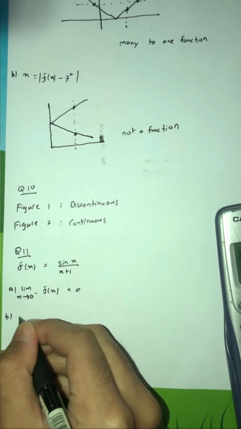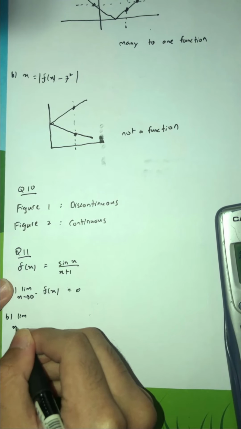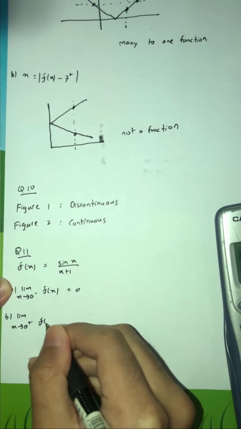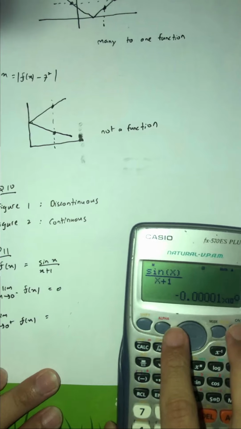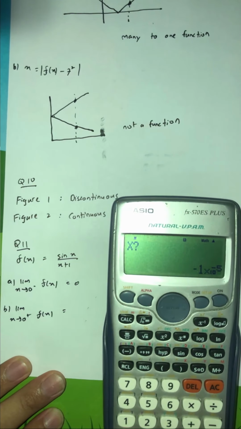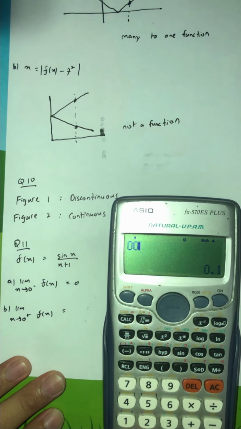You do the same thing for part B, which asks us to find the limit of f(x) as x approaches 0 from the right. So you do the same thing, but plug in the values reaching 0 from the right. So I just go straight into 0.1. I have 0.09, then 0.01.